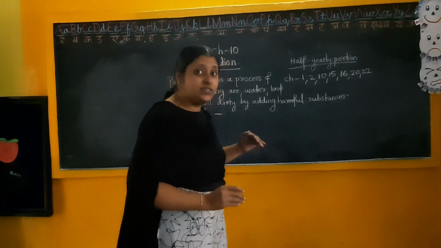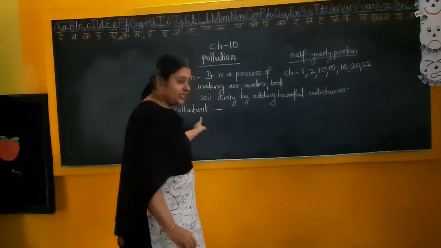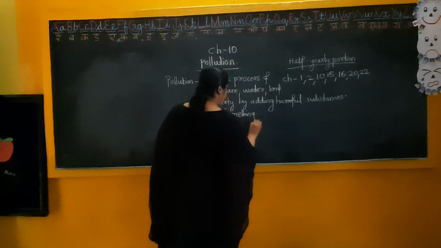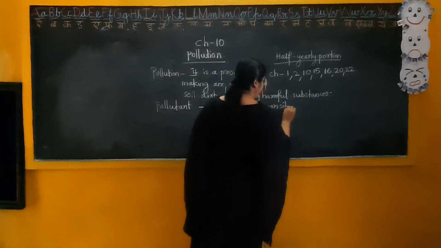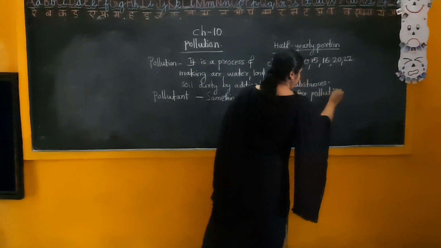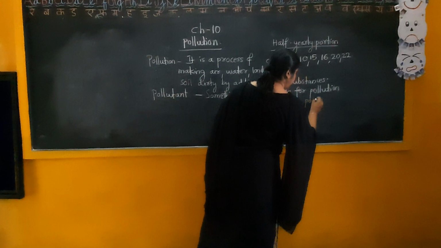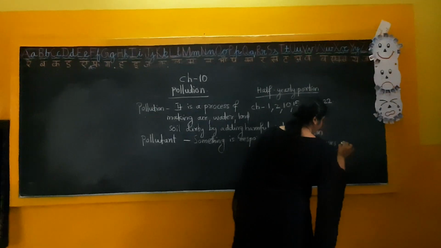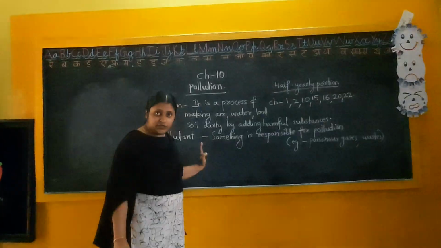So these are the two terms we have to understand related to this pollution. First one is pollutant. That means something is responsible for pollution. Example, poisonous gases and waste. That is pollutant.